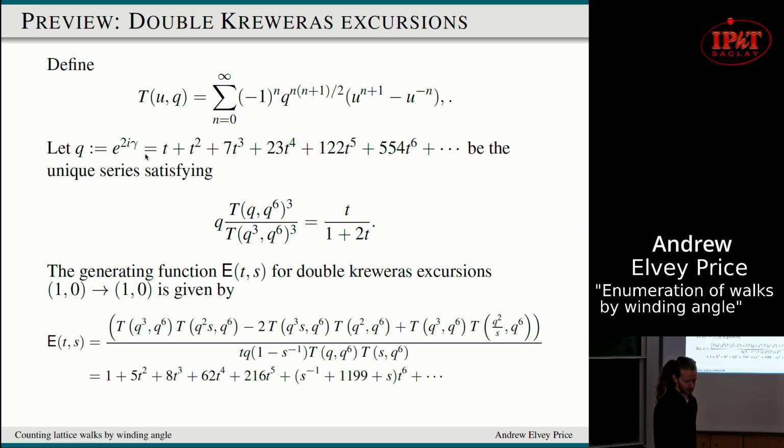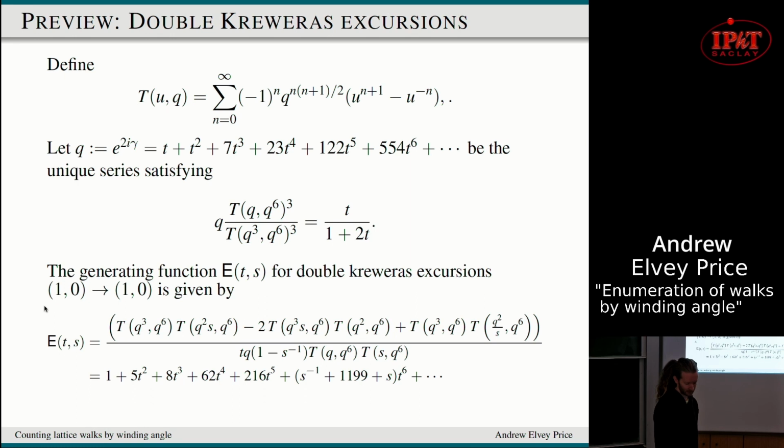So the form the results take is that, first of all, Q is a series in T, defined by this equation, in this case. To understand this, the left-hand side here is a power series in Q, and the right-hand side is a power series in T. And so there's a unique series Q which makes these equal.